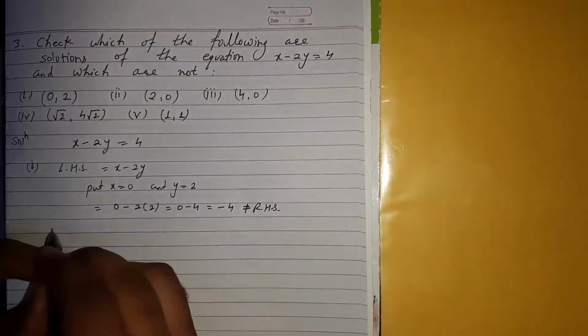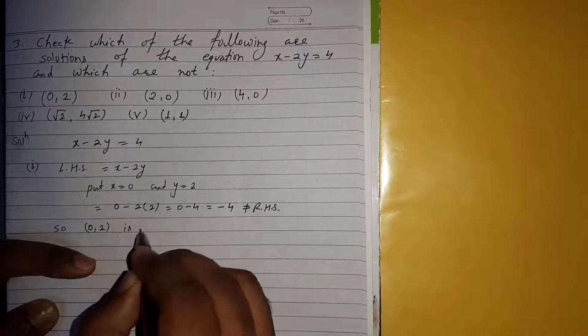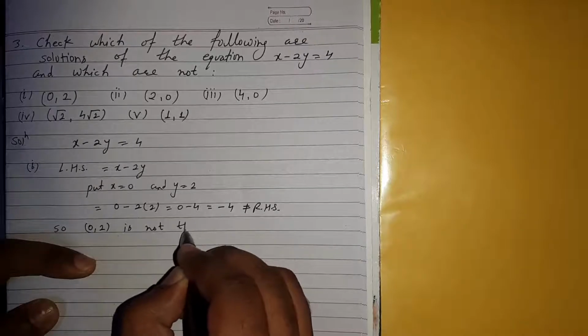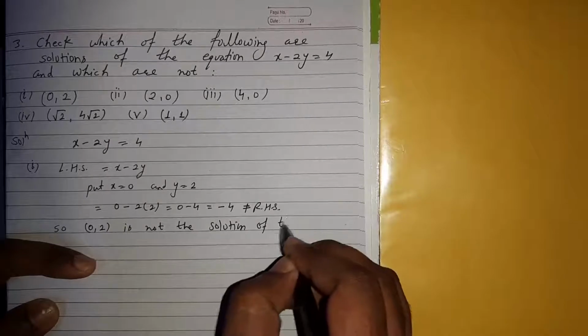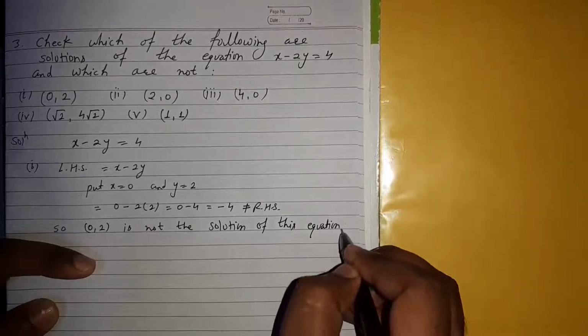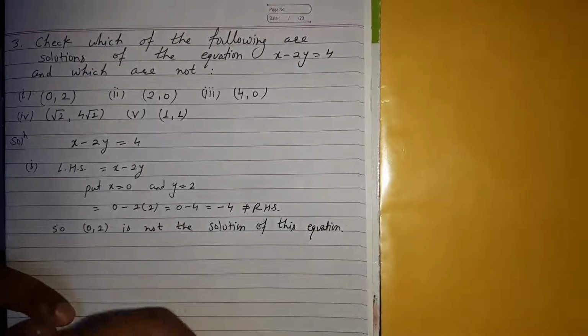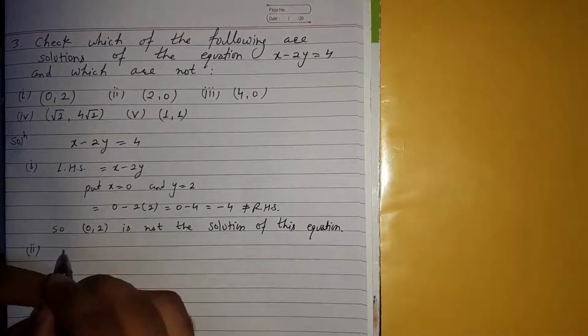So (0, 2) is not a solution of this equation. Now we will check for the second point. The second point is given as (2, 0).